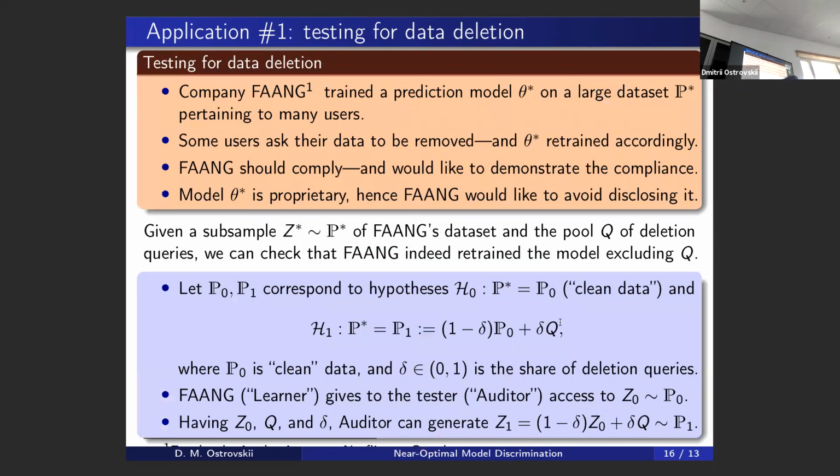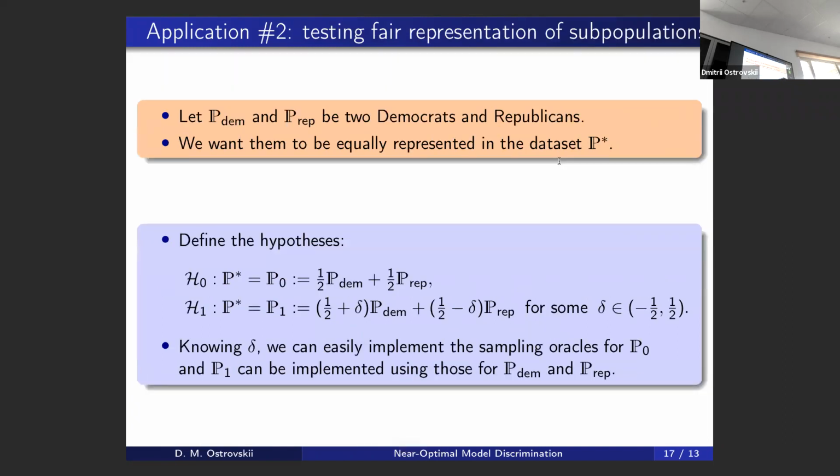Now, let's look at the two applications. An easier application and a more complicated application. So, an easier application, probably less useful, but easier to explain. Let me have a population of Democrats and Republicans, and I have a data set, and I want this data set for them to be fairly represented.